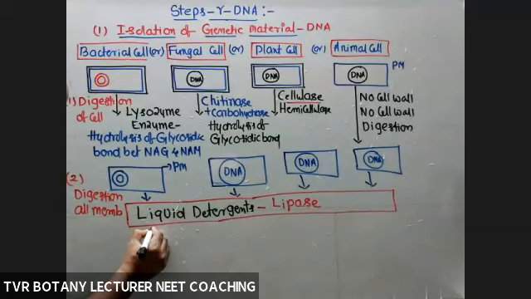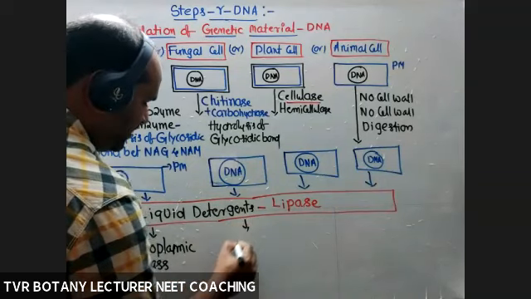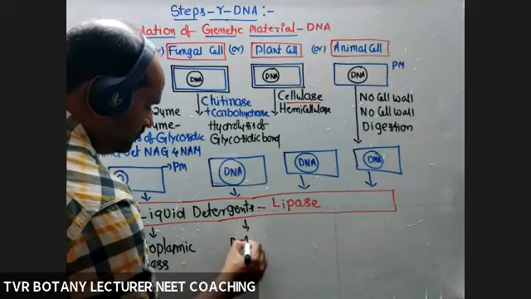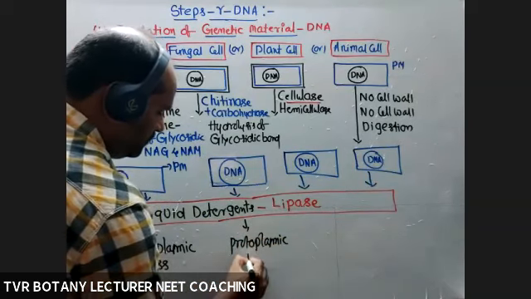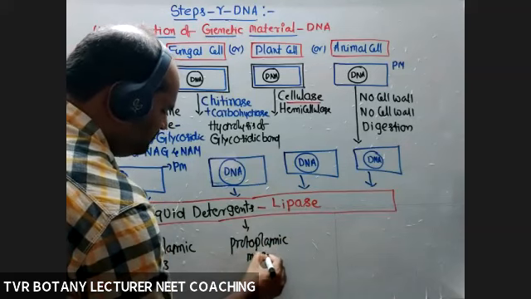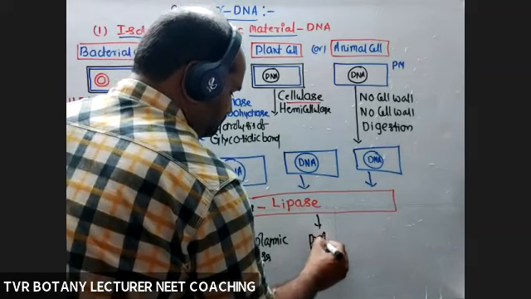So now the available one is a protoplasmic mass. Protoplasmic mass of bacteria. Here also the same, protoplasm.